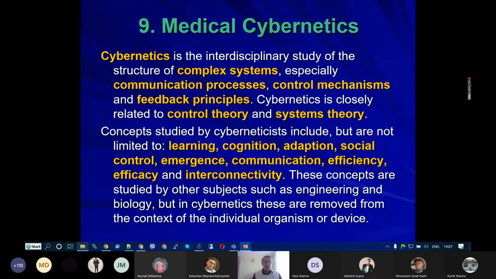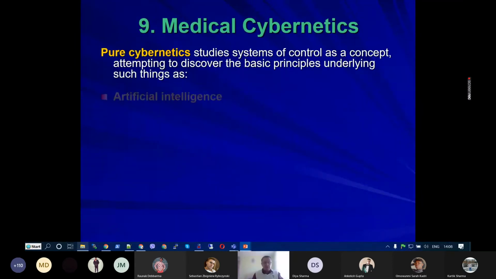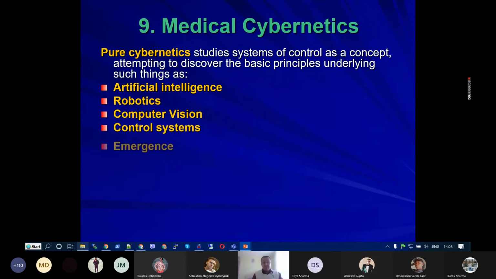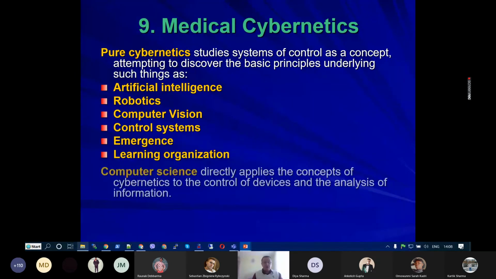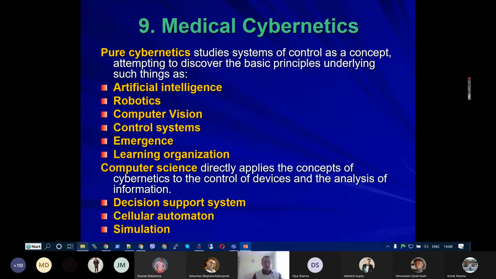And it's why I'm talking about the similarity between the diagnostic therapy cycle and cybernetics. Yes, because it's cybernetical management of a patient's clinical case. So pure cybernetics studies systems of controls as a concept, attempting to discover the basic principles underlying things like artificial intelligence, robotics, computer vision, control systems, emergence, learning, optimization.